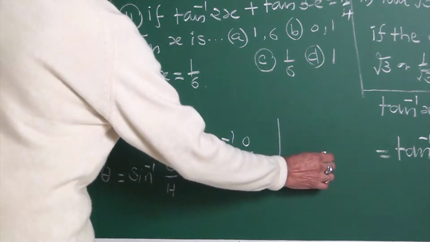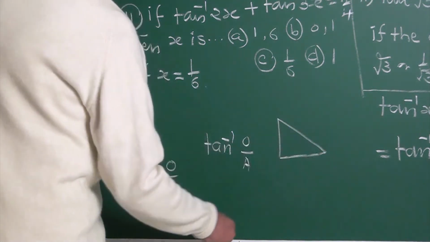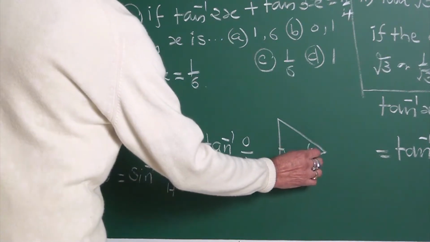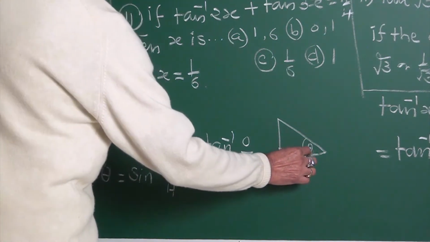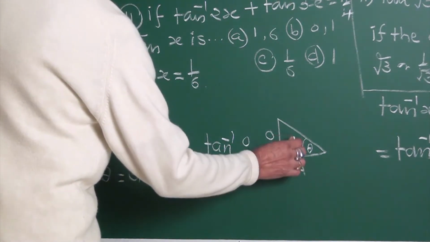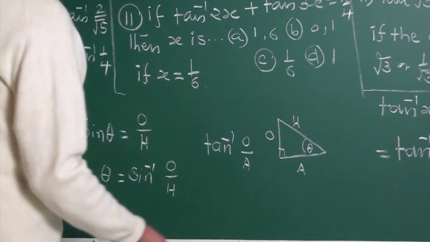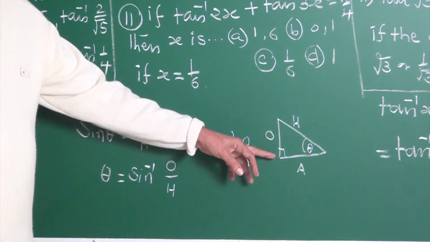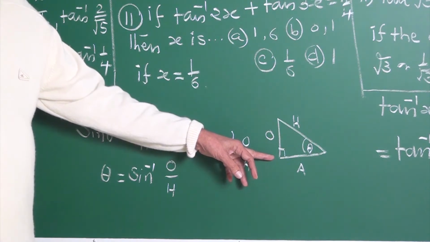If this is your right angled triangle with angle 90, this is your theta. With respect to theta, this is the opposite side, this is the adjacent side, this is the hypotenuse. Therefore, there are three sides connected with a right angled triangle.